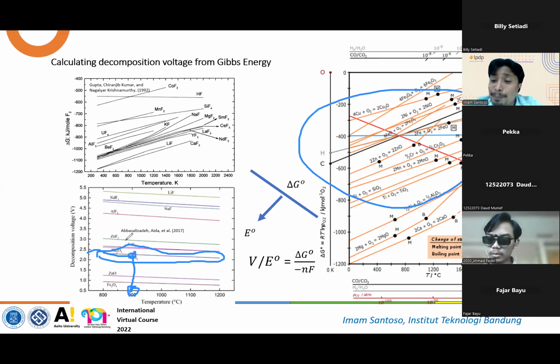That's the minimum theoretical potential that you have to supply to the reactor or to the cell in order to decompose aluminum oxide.